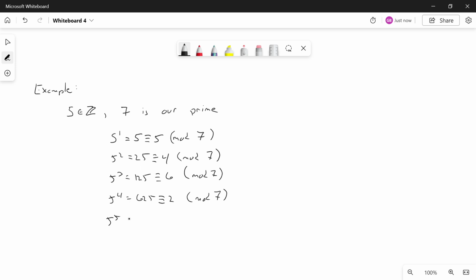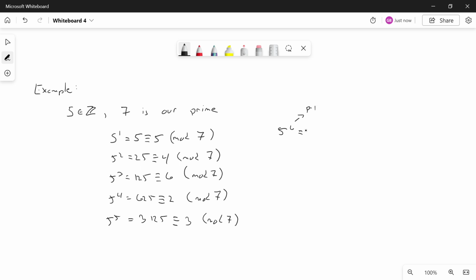5 to the 5 is going to get us 3,125. When we divide that by 7, our remainder is 3 mod 7. Almost there. 5 to the 6. This is our P minus 1 case.